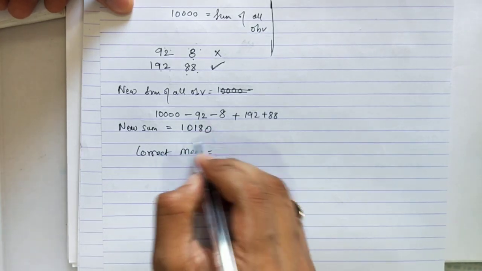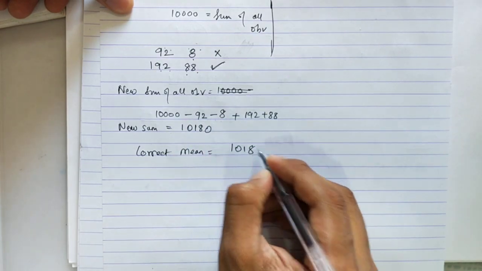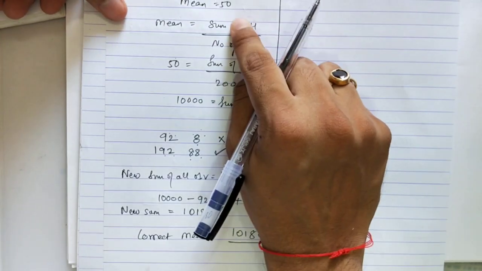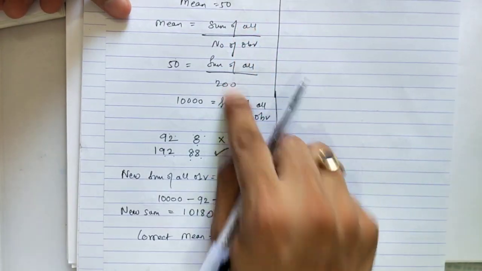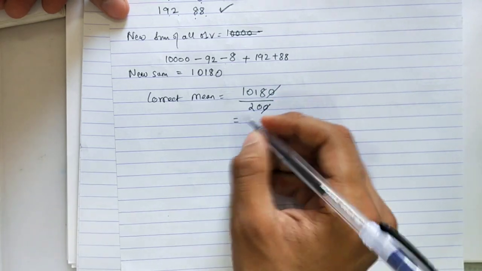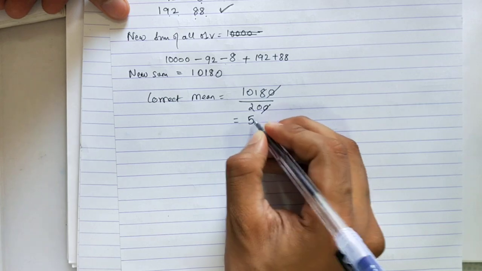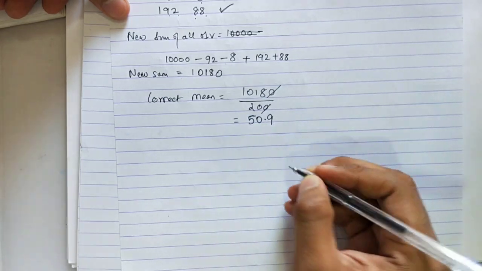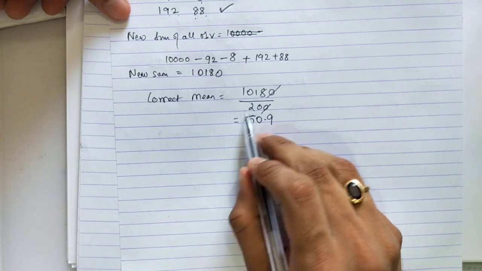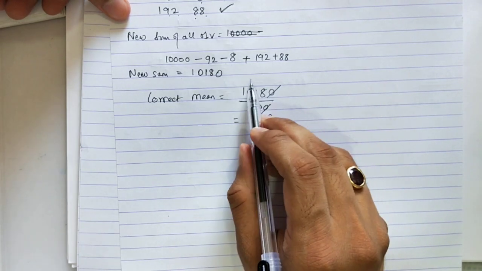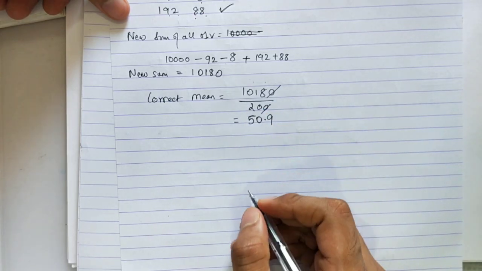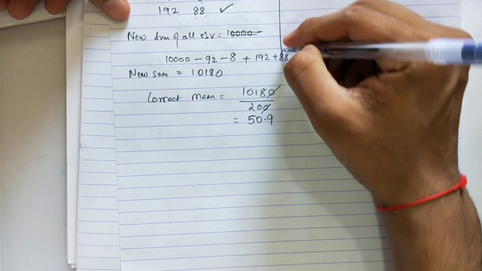Now I have to find the correct mean. What is the correct mean? This new total upon the number of observations. How many observations were there? The number of observations was 200. So I'll get the answer as 50.9. Cancel the two 10s, you get 2509, then there is another 10, so shift 1 point and you will get 50.9.